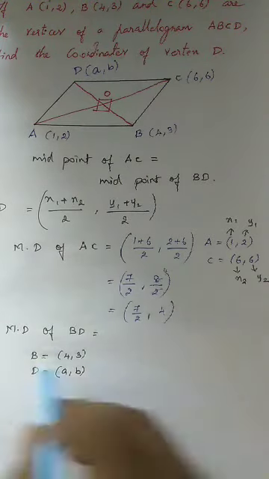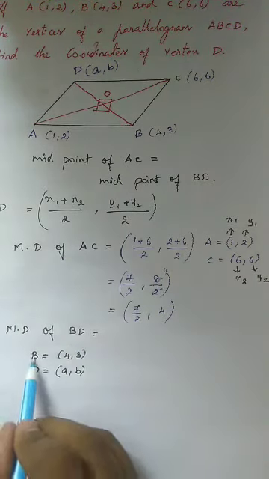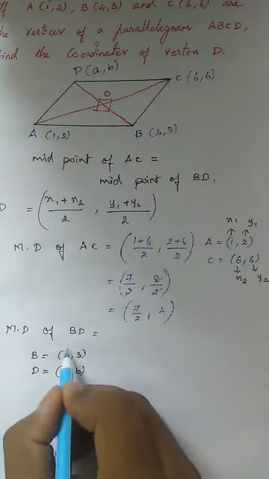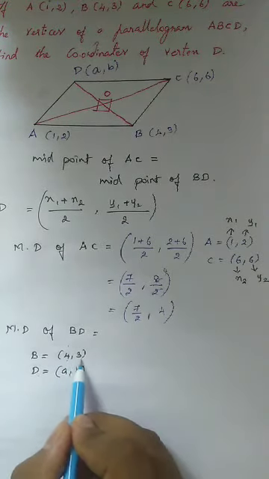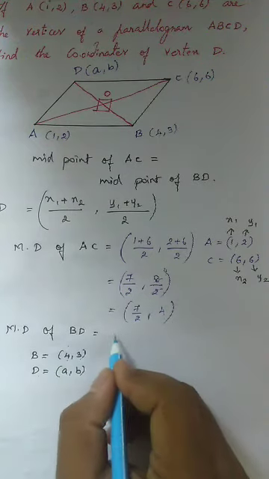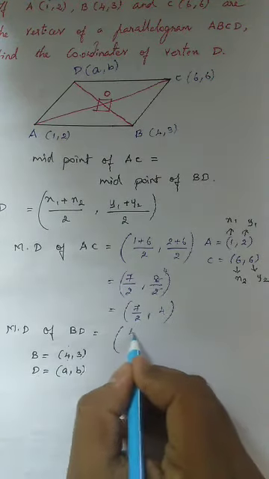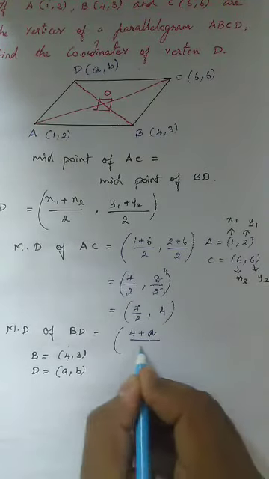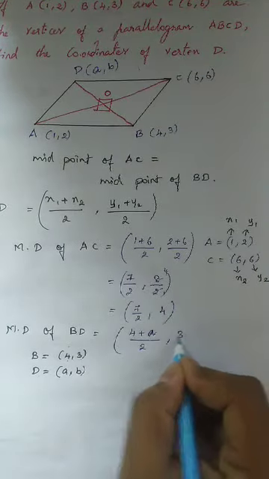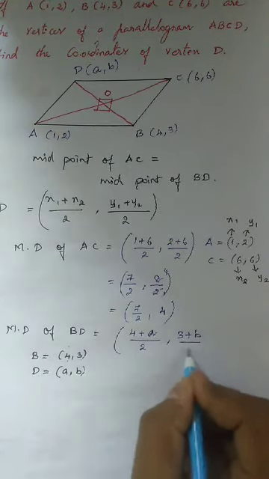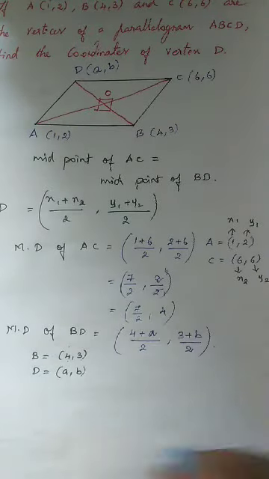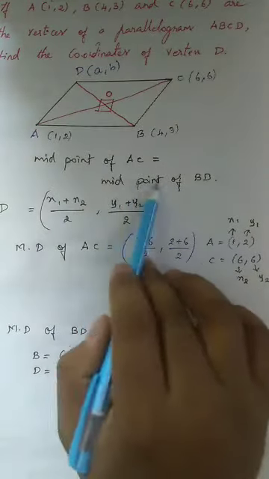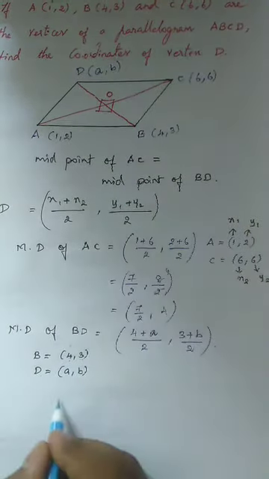Now we have to find the midpoint of BD. B is 4 comma 3 and D is A comma B. So 4 is x1 and 3 is y1, and we apply x1 plus x2: 4 plus A by 2 comma 3 plus B by 2. We know that the midpoint of AC equals the midpoint of BD.